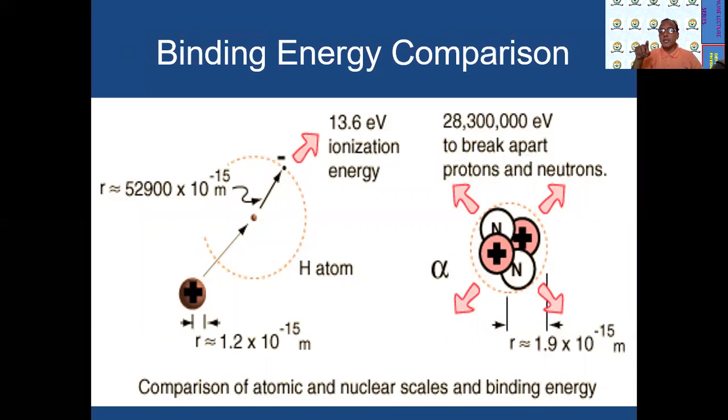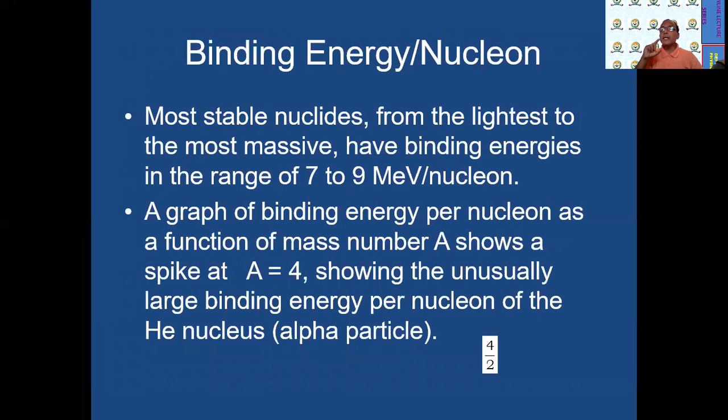Now see how this conversion takes place, a comparison of atomic and nuclear scale and the binding energy. Now, the binding energy per nucleon. We know that protons and neutrons combine together to form a nucleus. When I want to split the nucleus, that means we want to separate the neutrons and protons.